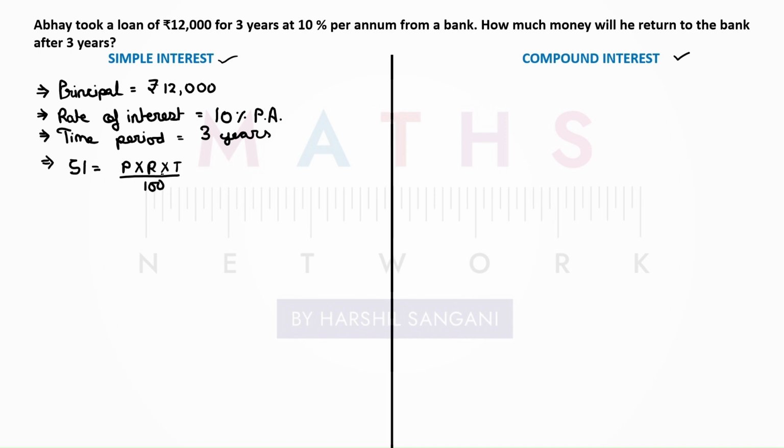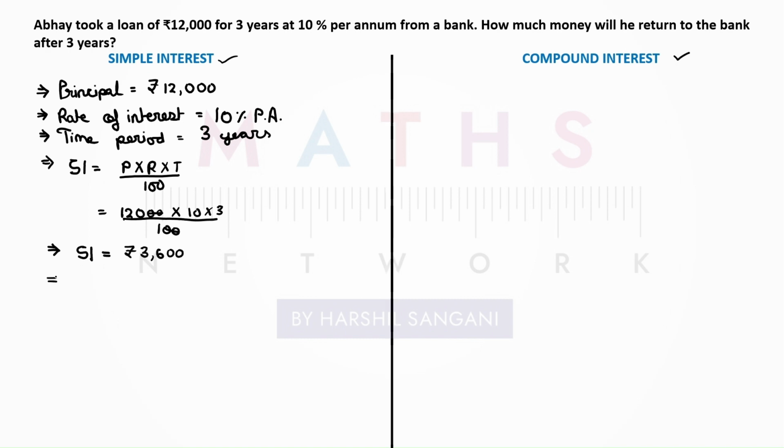Let's replace P, R and T by the respective values. So we have 12,000 multiplied by 10 multiplied by 3 upon 100. Here we can cancel out these two zeros with these two, and when we solve this, we get simple interest equal to rupees 3,600.